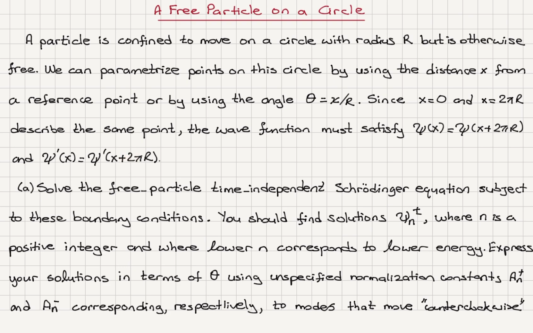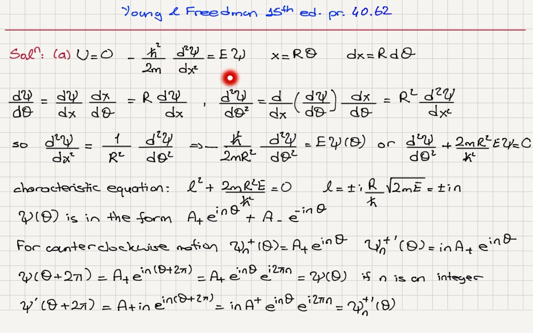So first we solved the time-independent Schrödinger's equation with this parameterization, and we realized that the second derivative with respect to theta of the wave function is related to the x derivative, with R squared times d squared psi dx squared.